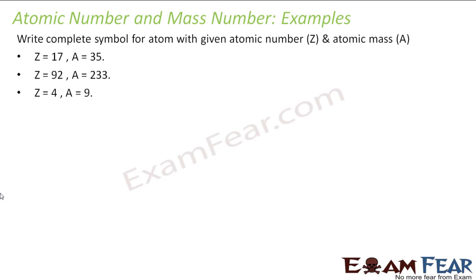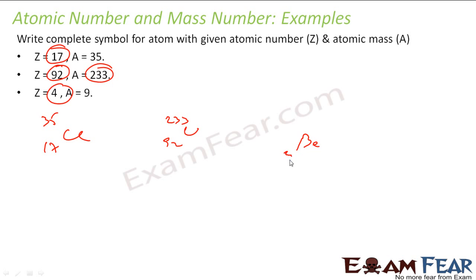Let's take one last example of atomic number and atomic mass. You define the complete symbol for these atoms with the atomic number and atomic mass given. So atomic number is 17, that means it is chlorine, and you have 35. First part is done. 92, that is this one, and 233 is given. 4 is beryllium, atomic mass is 9.